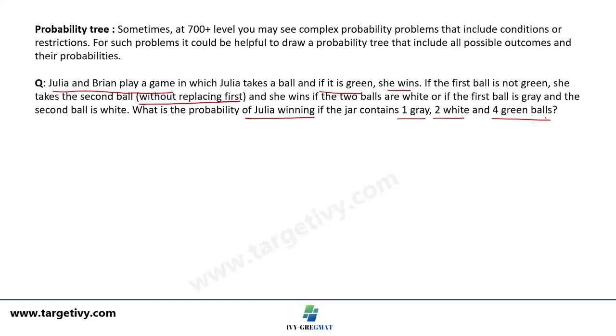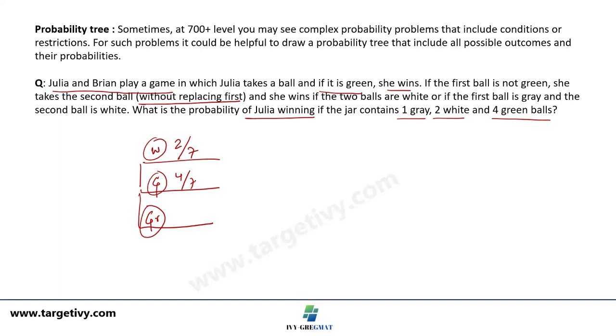In this kind of situation where it looks a bit difficult to visualize what is going to happen, we can just put it like this. The first choice has three probable choices: a white ball, a green ball, or a gray ball. Green stands for G. The chance of a white ball is 2 by 7. This is 4 by 7.